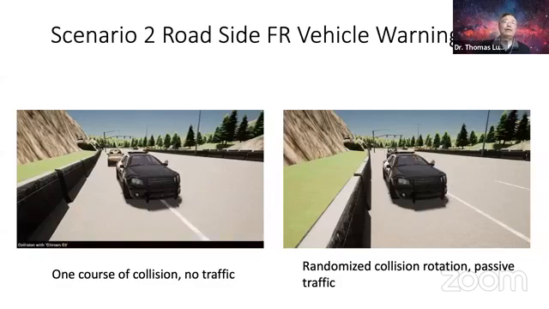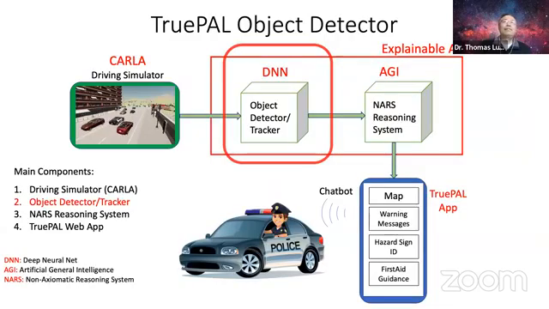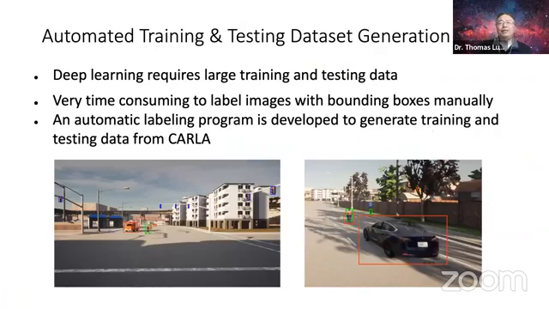So we'll talk about the object detector and the tracker. One big thing is to train the deep neural net with a lot of training samples, which is very time consuming to manually label and manually prepare. Here, when we use this Carla simulator, we made an automated process of generating all these labels and segmentations.